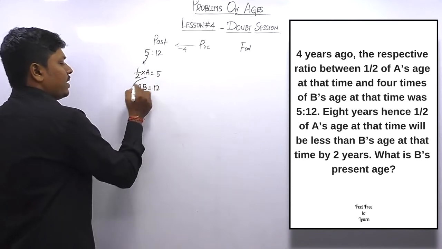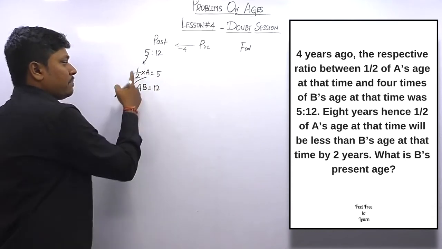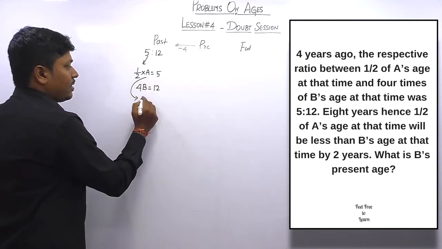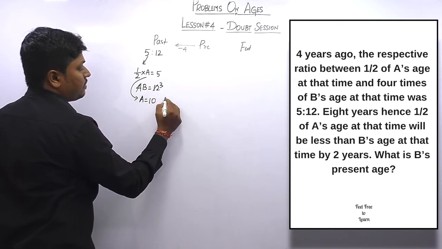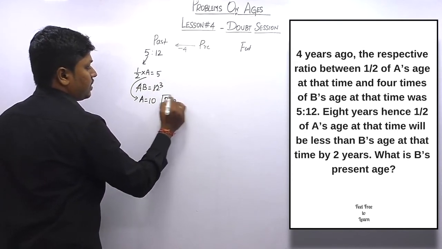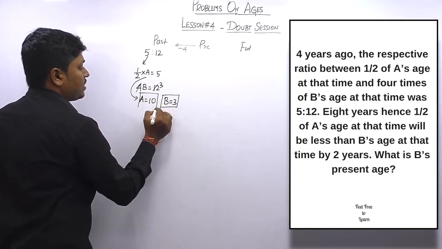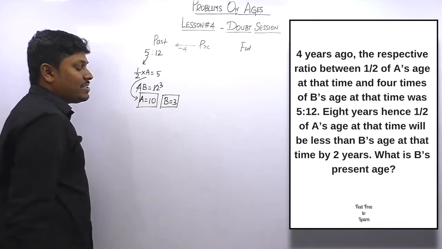Easily we can find the age of A, because 1/2 into A is equal to 5, then A is equal to 10. Similarly we cancel this, then B will be 3. So finally we found the age of A is 10 and the age of B is 3.